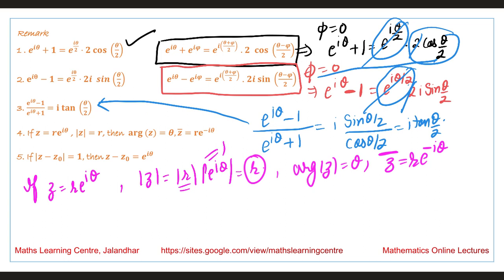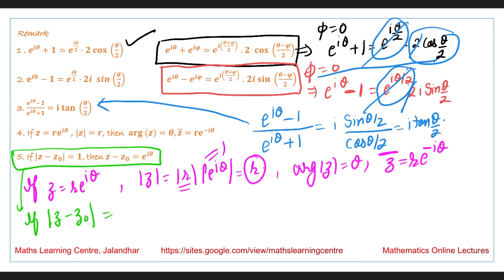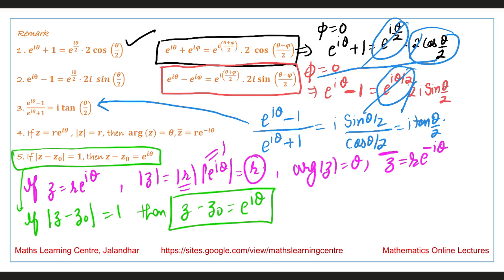And this last result we are saying is that if mod of z minus z naught is equal to 1, then z minus z naught is of the form e raised to the power iota theta.